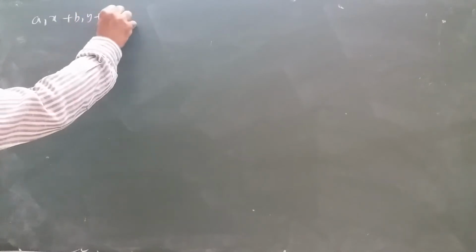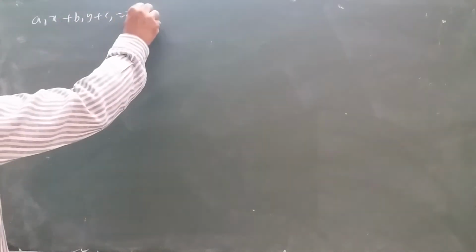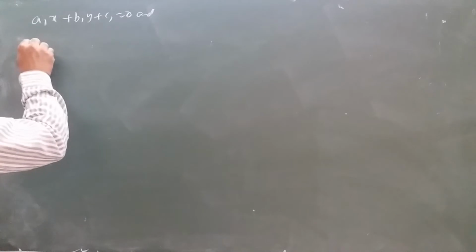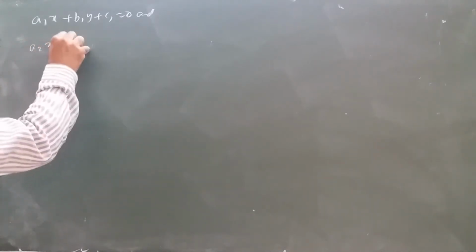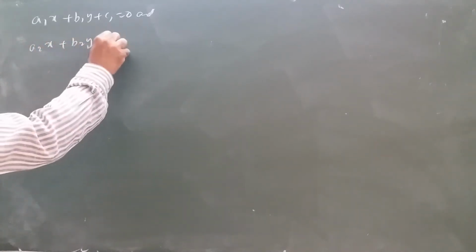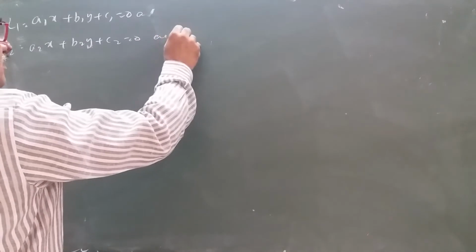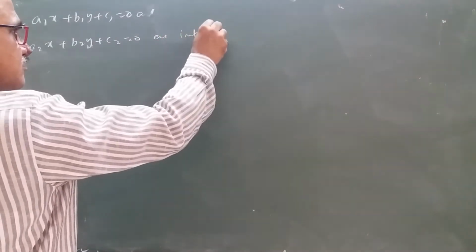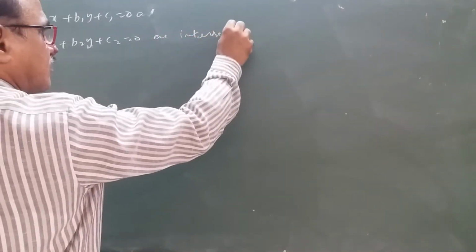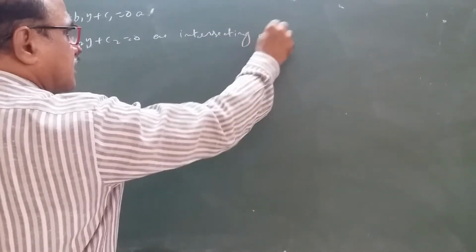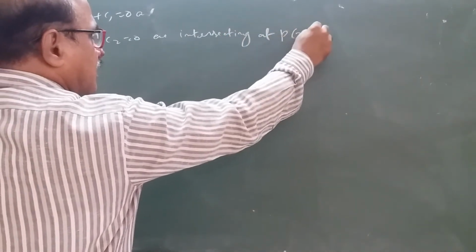If two lines a1x plus b1y plus c1 is equal to 0 and a2x plus b2y plus c2 is equal to 0, let these be L1 and L2, are intersecting at P(x, y).